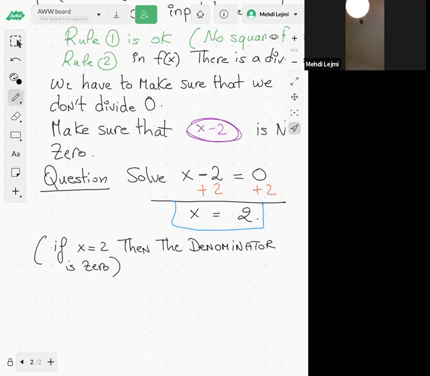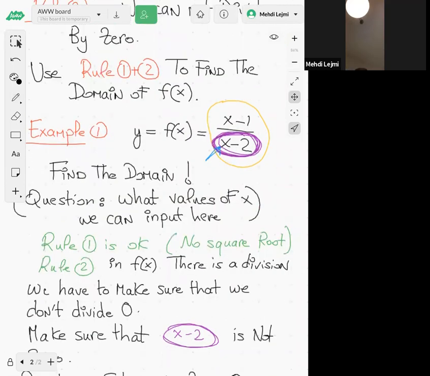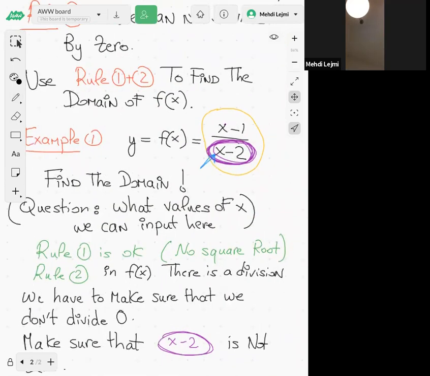And so the conclusion is that we have to exclude x equal to 2. My input x, my variable x, can be any real number except 2, because when x is 2, we're going to be in trouble.